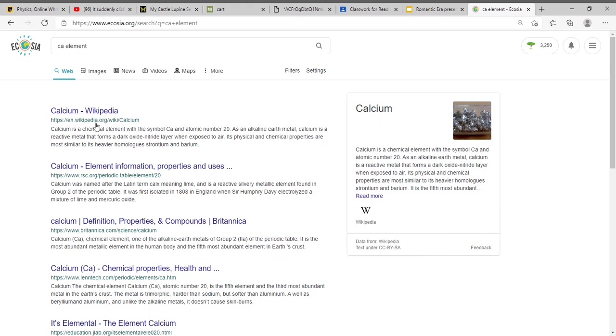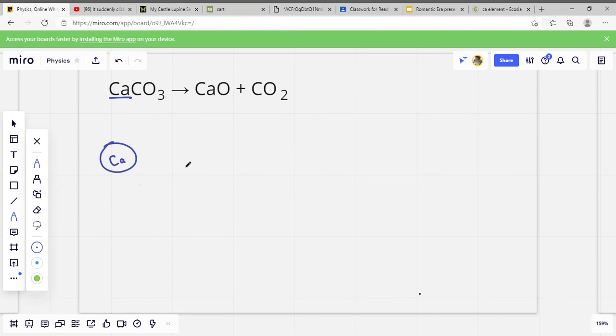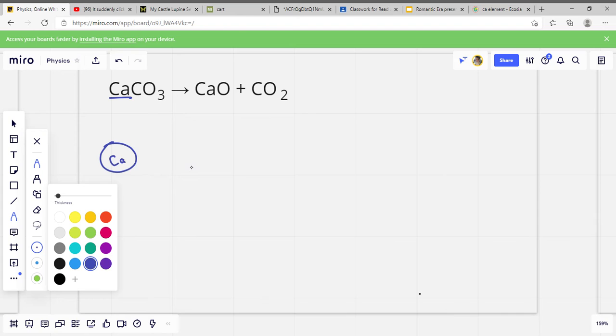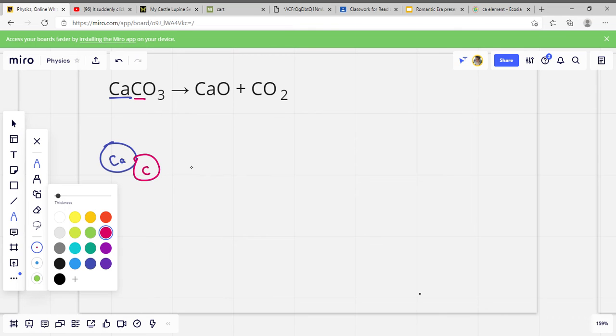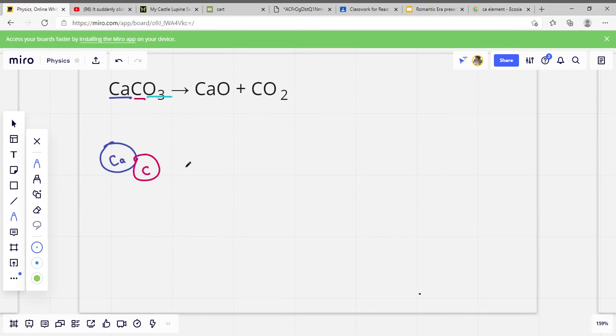Ca is calcium. Calcium, 1 calcium, and then we have 1 carbon, and we have 3 oxygens.